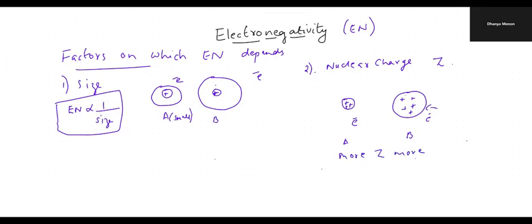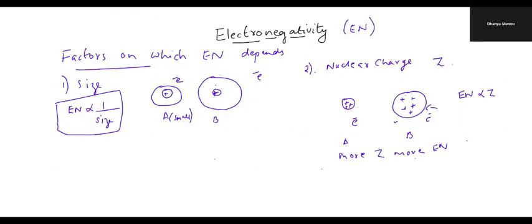So we can write electronegativity is directly proportional to Z, right? The same is the case for ionization energy and also electron affinity, right? The more the number of charges, the more the value of Z, the more strongly the electrons are attracted.